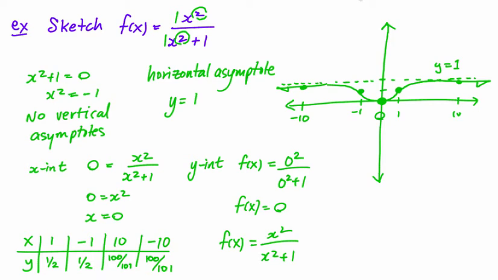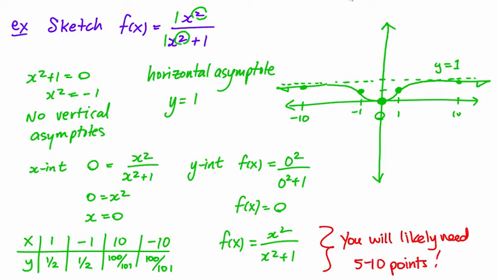You probably will have days where you need 10 points. So spend some time creating a table of values with quite a few points. That's one of the biggest pieces of advice in this section. So even though we've got some shortcuts, we still will use a table of values approach to really create a number of the points for us.